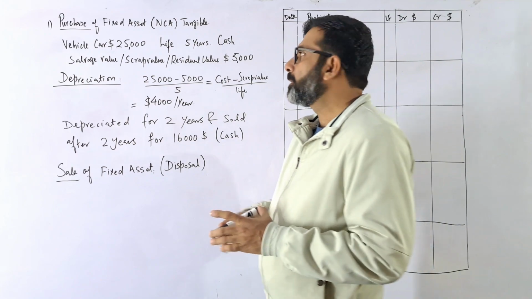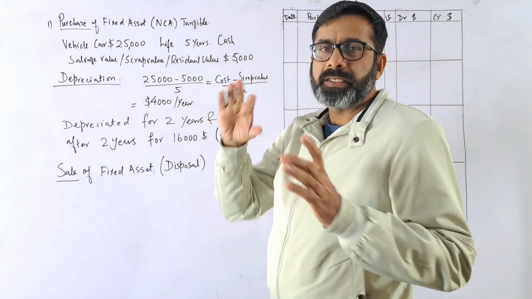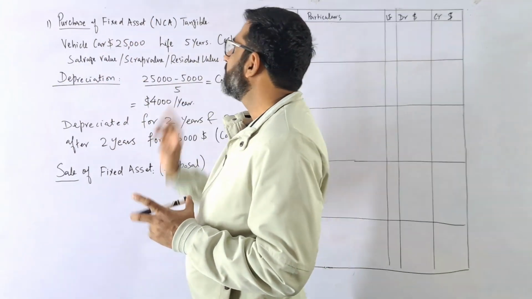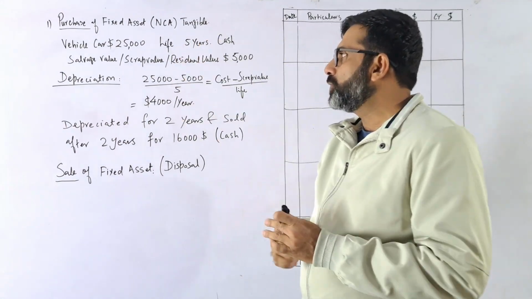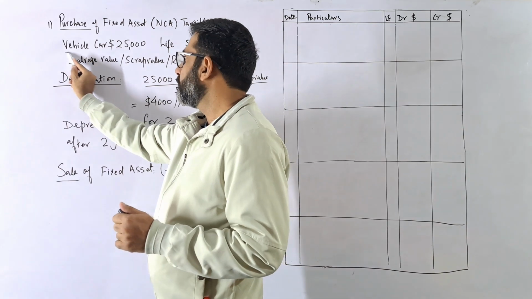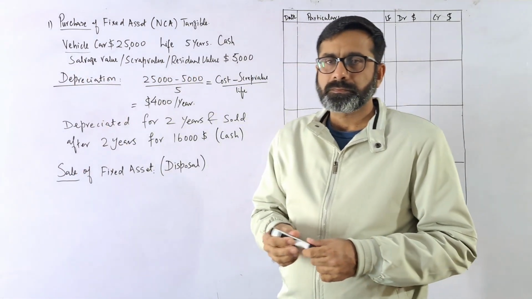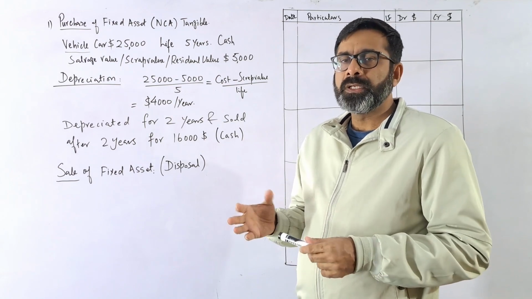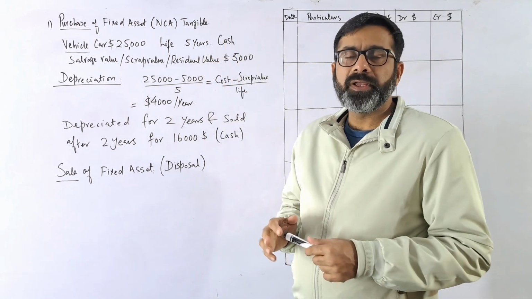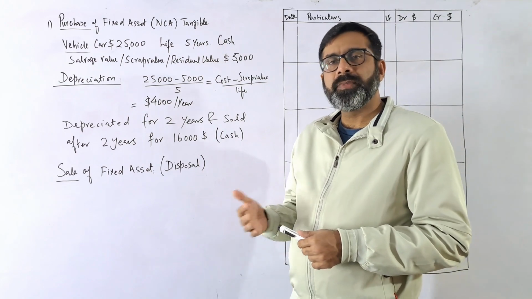In this example, see the very basic entry, the purchase of a fixed asset, a non-current tangible asset. We assume the business has purchased one vehicle, a car. We assume its life is 5 years, so because it is more than 1 year and a non-current tangible asset, it will be depreciated.